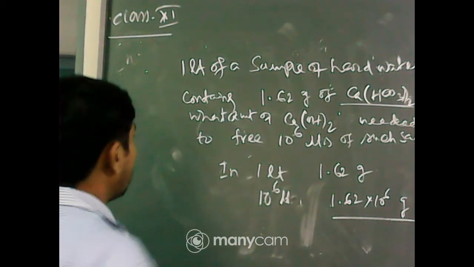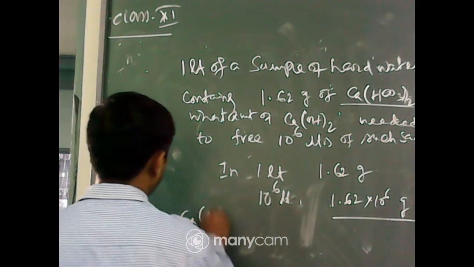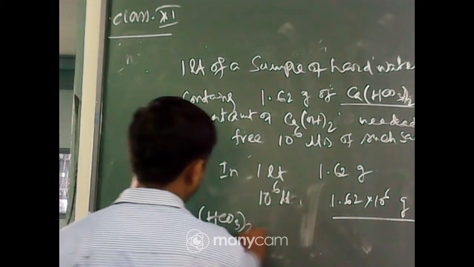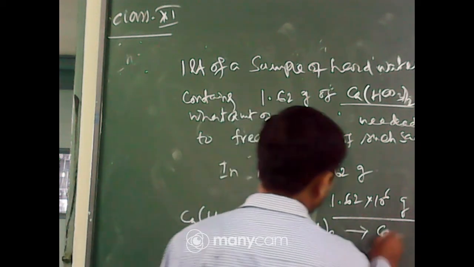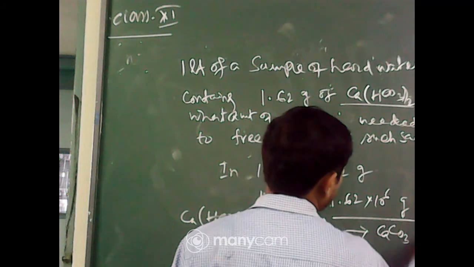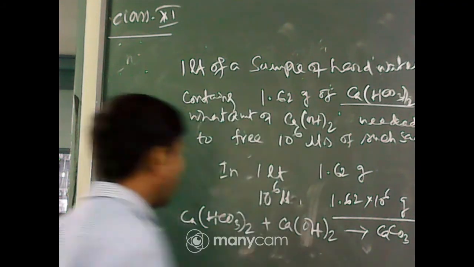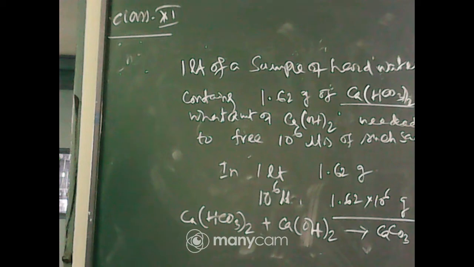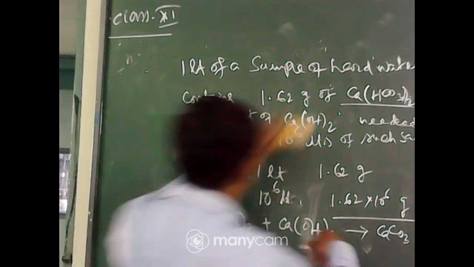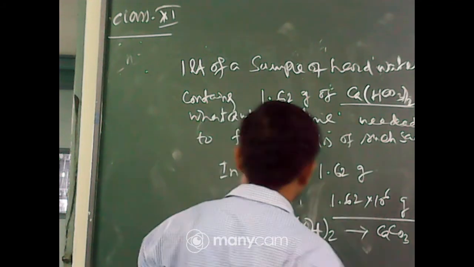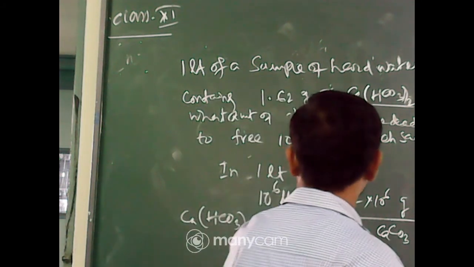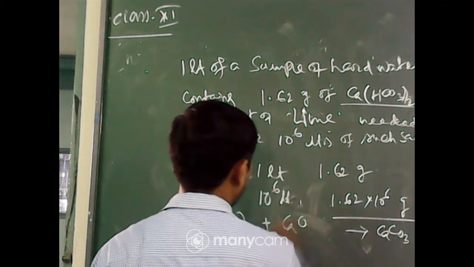Now, just write down the reaction I have written earlier: Ca(HCO3)2 plus calcium hydroxide will produce calcium carbonate plus H2O. Now, these are equimolar. Okay, this is not calcium hydroxide, it is lime. So, the formula will be CaO.